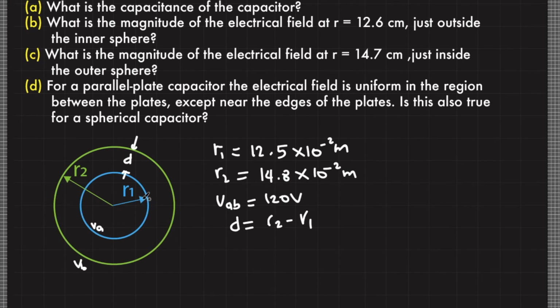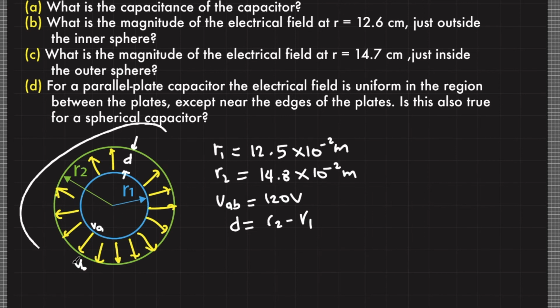If sphere 1 has a higher potential than sphere 2, then you can actually observe an electric field radiating from the inner sphere and terminating at the outer conductor or outer sphere. Now in part A, we would like to determine the capacitance of this capacitor.